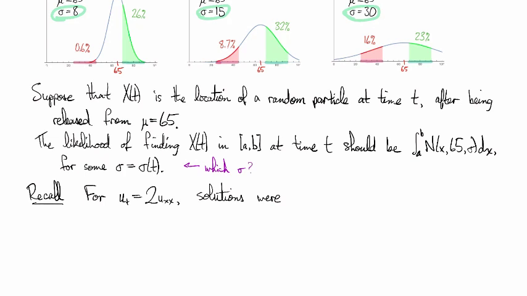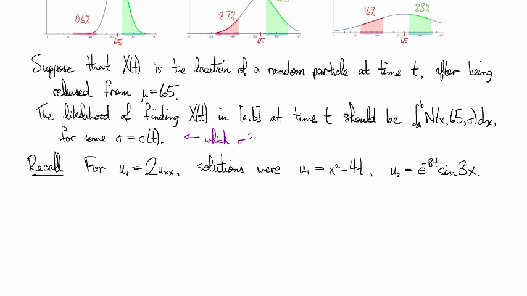So we saw one solution that was x squared plus 4t. Another solution was e to the minus 18t sine of 3x. And so you can look at those and go, okay, what's the relationship there between the space and time and the way they scale? And maybe that gives you a hint. Maybe that doesn't give you a hint.